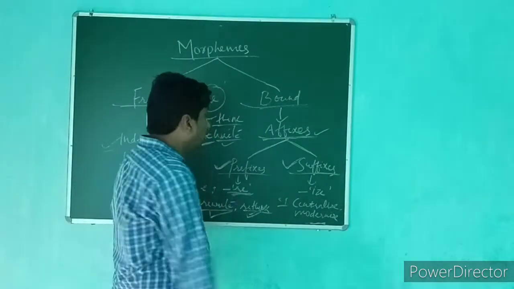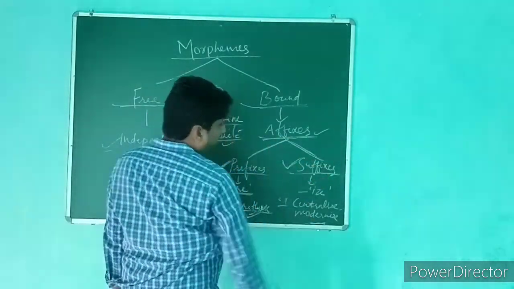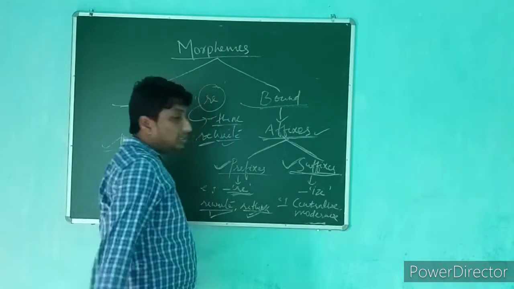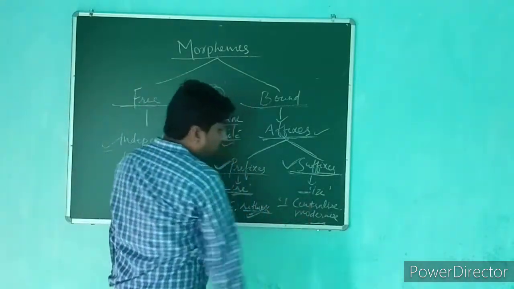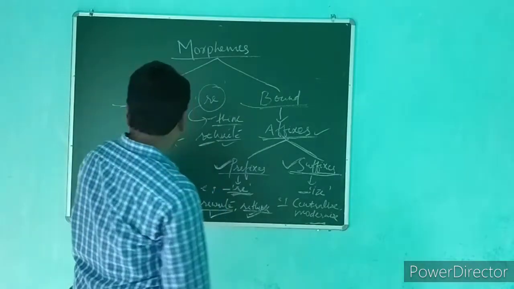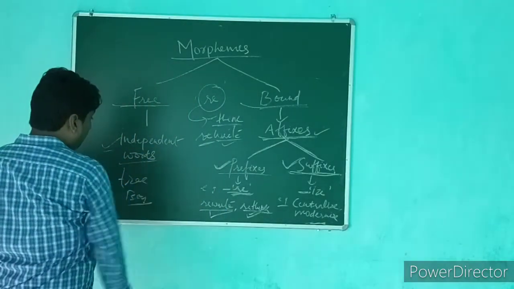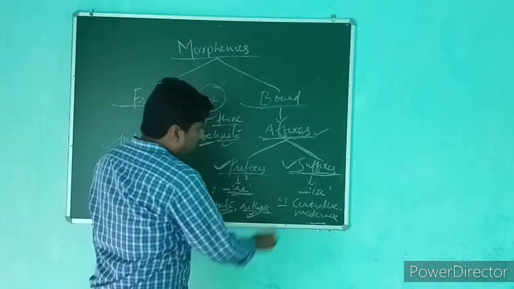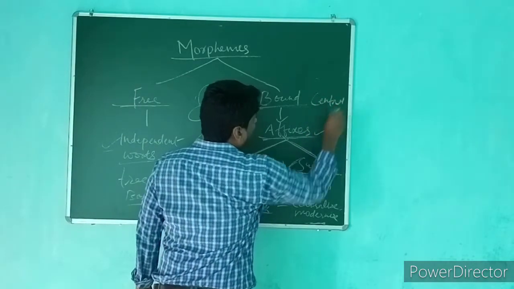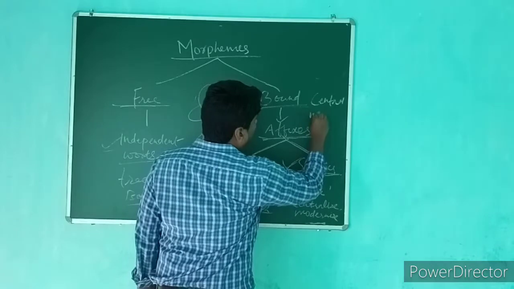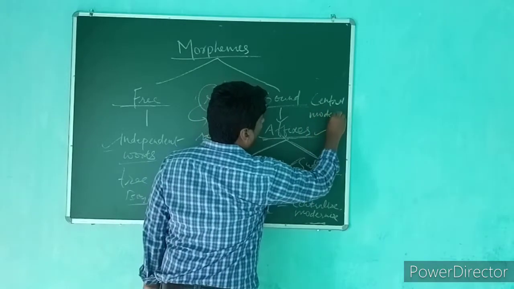Now coming to the other example of affixes, which is the suffix. These are the endings which come after a free or independent word. Let's consider the example of the word central, or let's consider another example, the word modern.